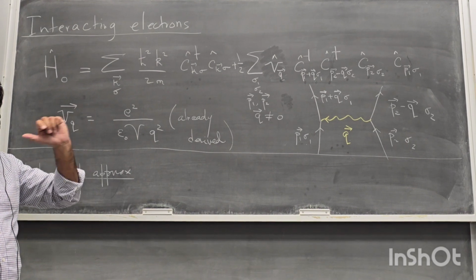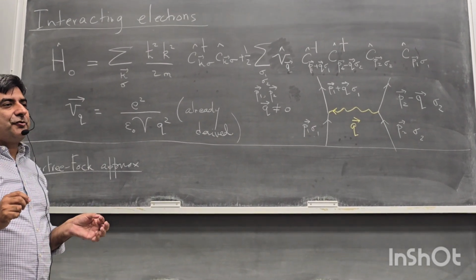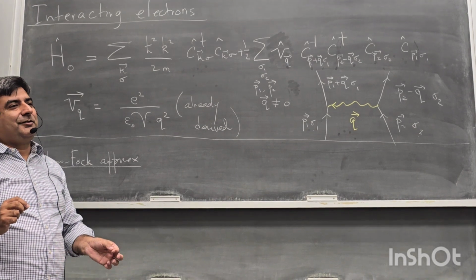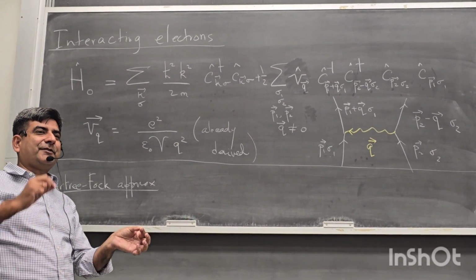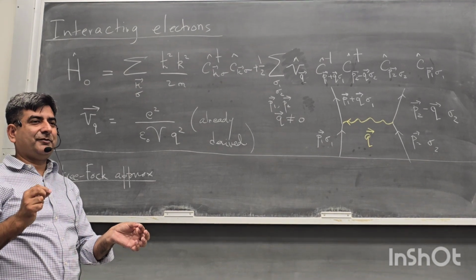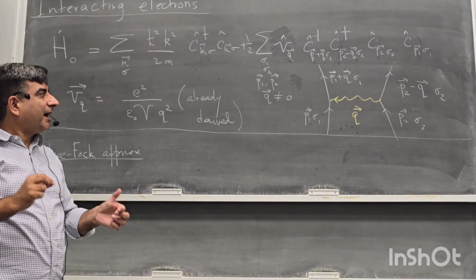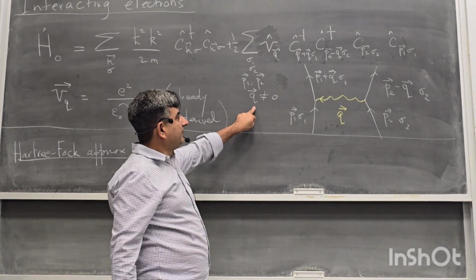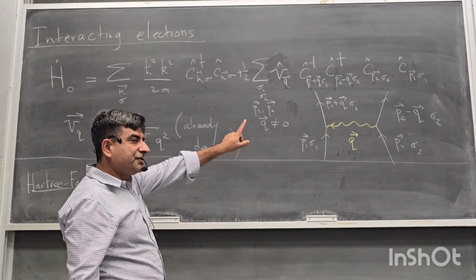We saw that the direct interaction was inconsequential because it just meant that an electron was going out of the Fermi sphere and coming down, the other electron was going out of the Fermi sphere and coming down, and no interaction took place. Q was 0, but that term is not allowed. So the only other kind of term that is allowed is the exchange interaction.